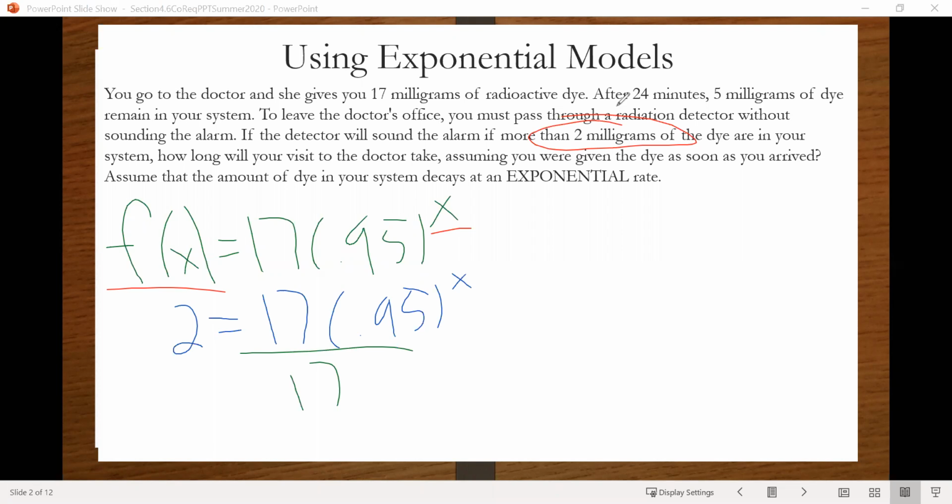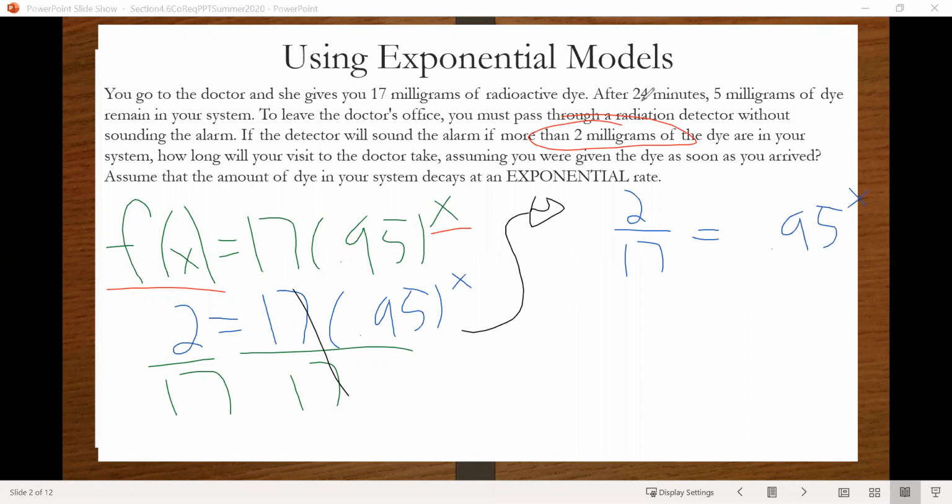We'll divide by 17 on both sides. We do that, and we end up with 2/17 equals 0.95 to the x. Notice we're solving for the exponent here, which means we need to take a log on both sides. That allows us to move the x out to the front.